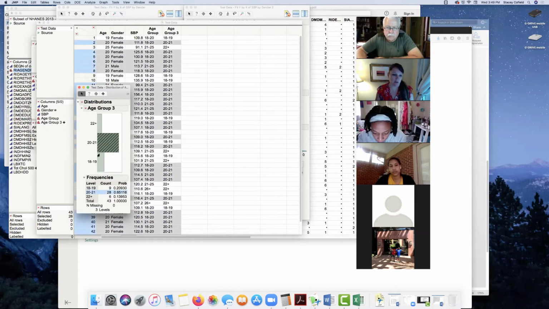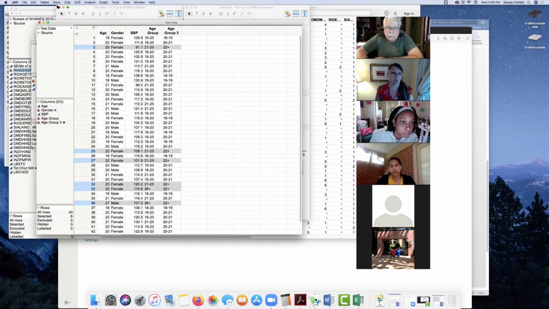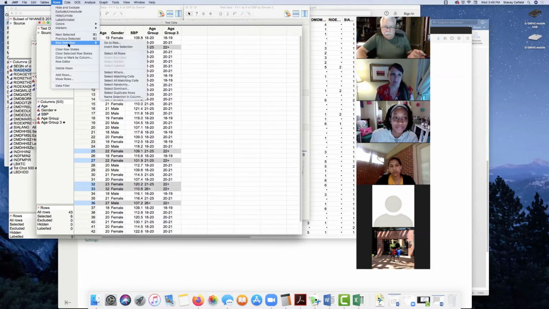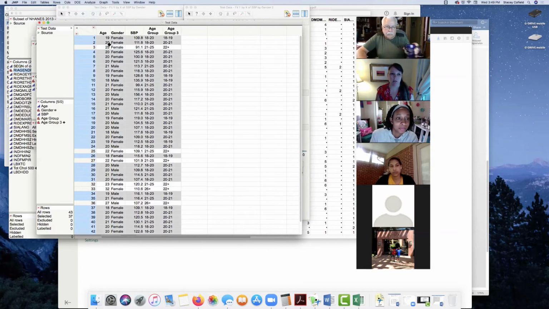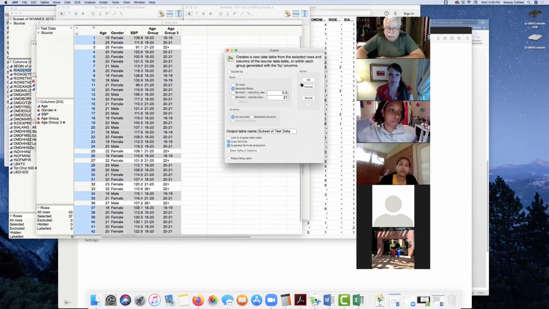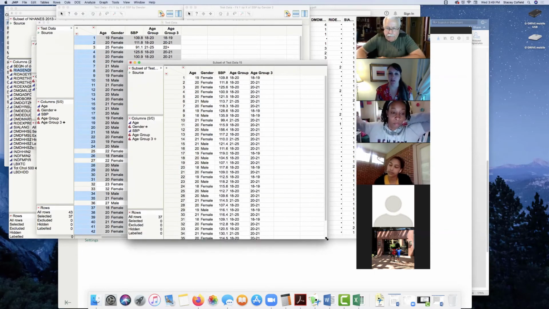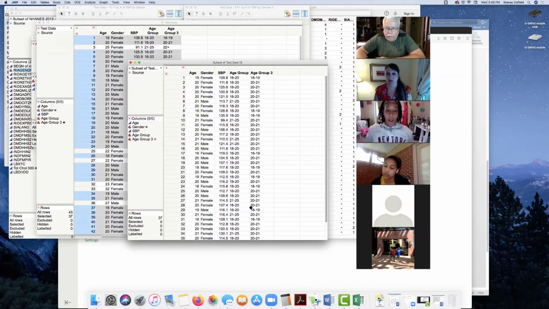If I just want to look at 20 and younger, that's these 2 groups. So here are the people that are older. I've got them selected. I can either delete them or I can invert the selection. Now I've got my 18, 19, and 20-year-olds, and I do a subset so that the data I have is now restricted to the people that I'm going to be using.